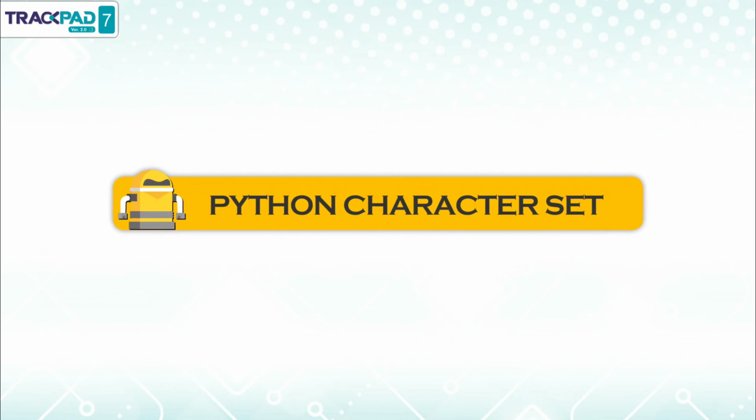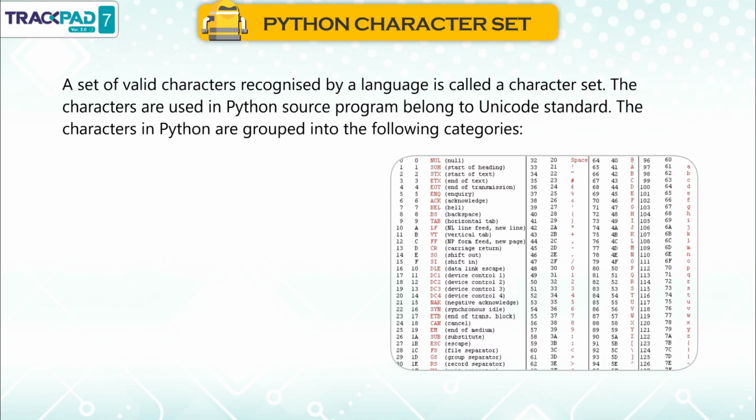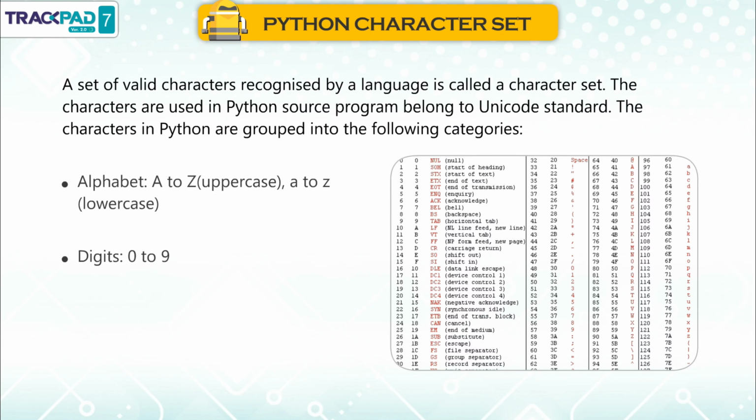Python character set. A set of valid characters recognized by a language is called a character set. The characters used in a Python source program belong to the Unicode standard. The characters in Python are grouped into the following categories. Alphabet: A to Z uppercase, a to z lowercase. Digits: 0 to 9.